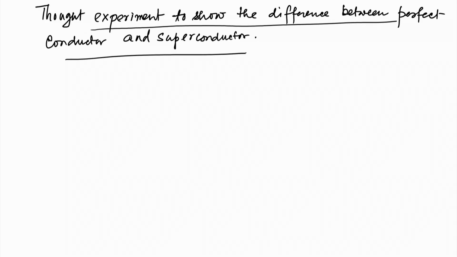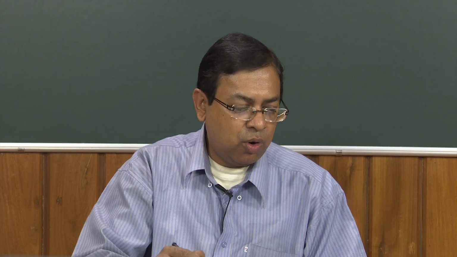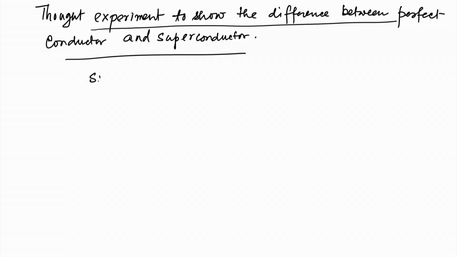This was told yesterday, or rather in the last discussion, through slides. I just wanted to make it a little more clear by drawing the diagram. So, this is a typical superconductor, and this is a perfect conductor.